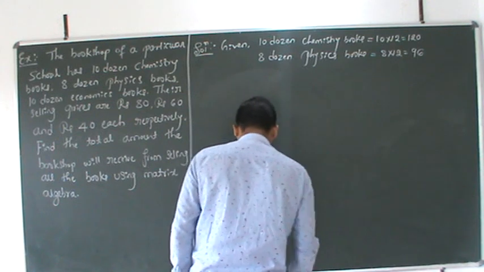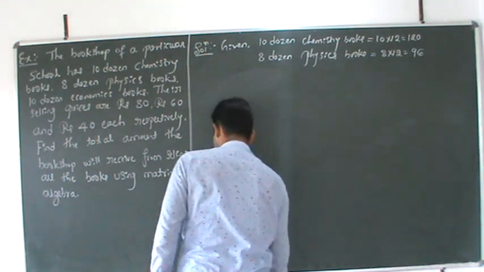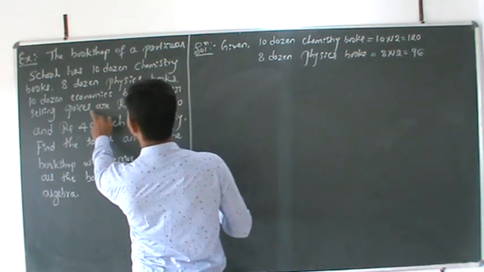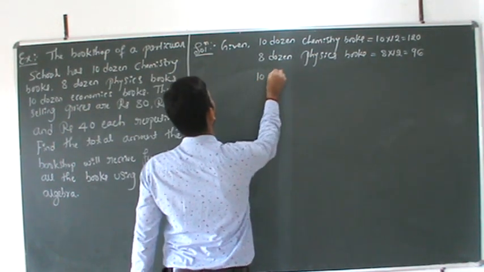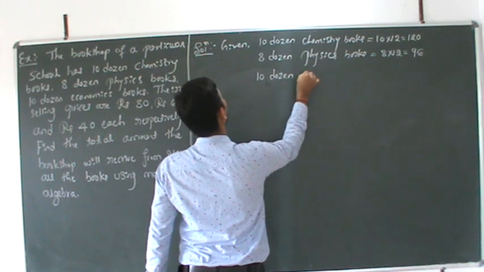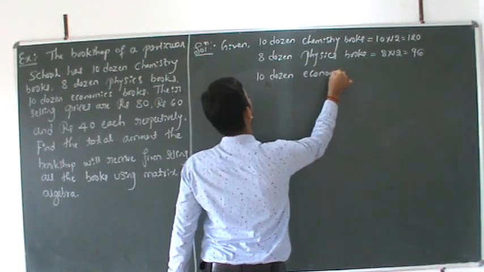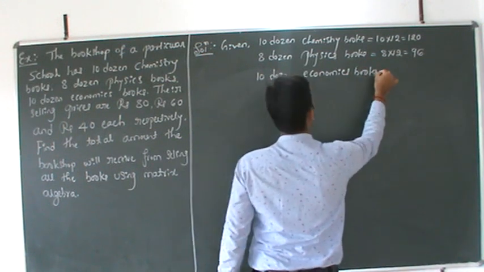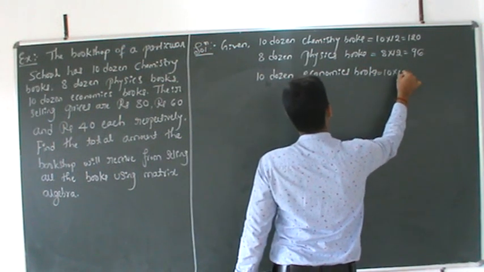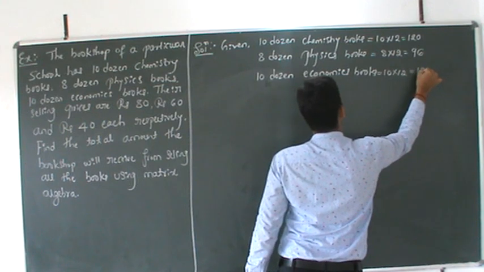After that, 10 dozen economics books, which is nothing but 10 into 12, which is equal to 120.